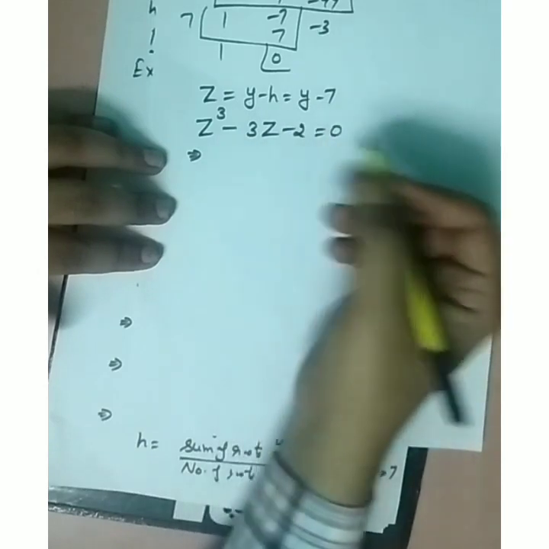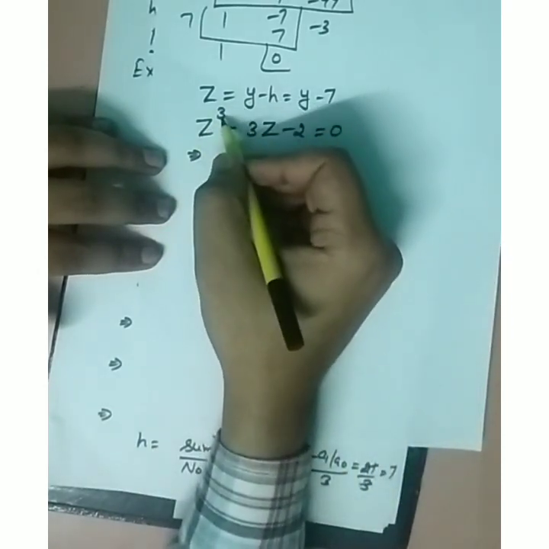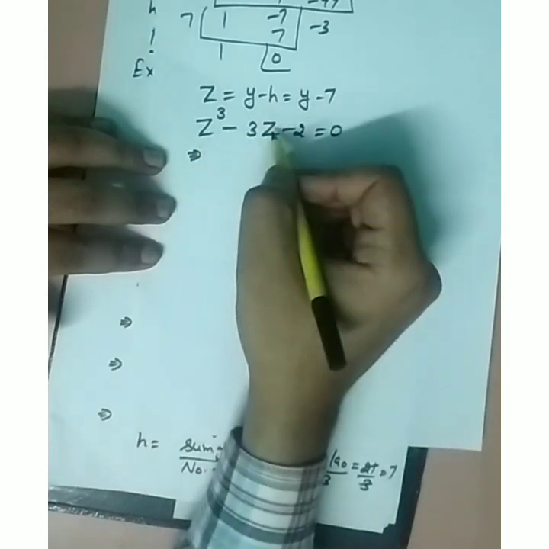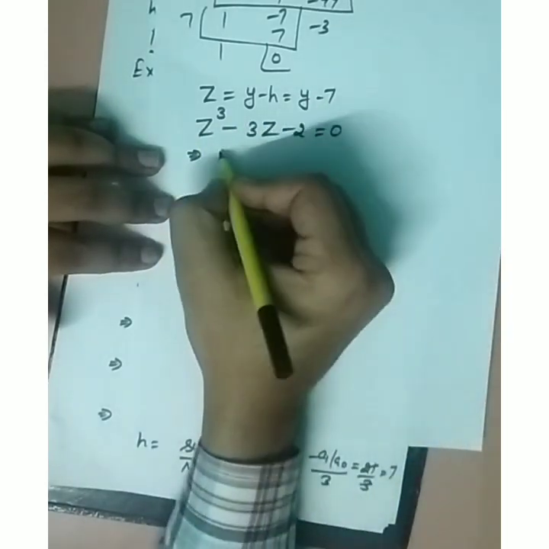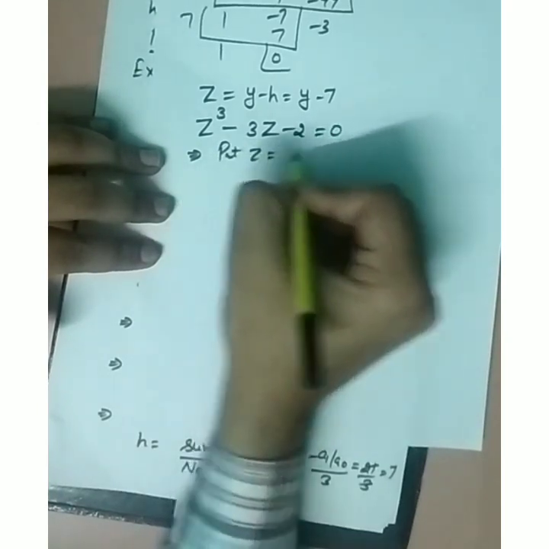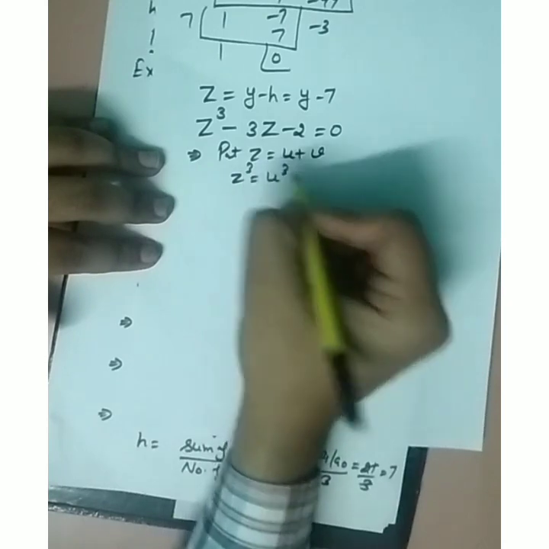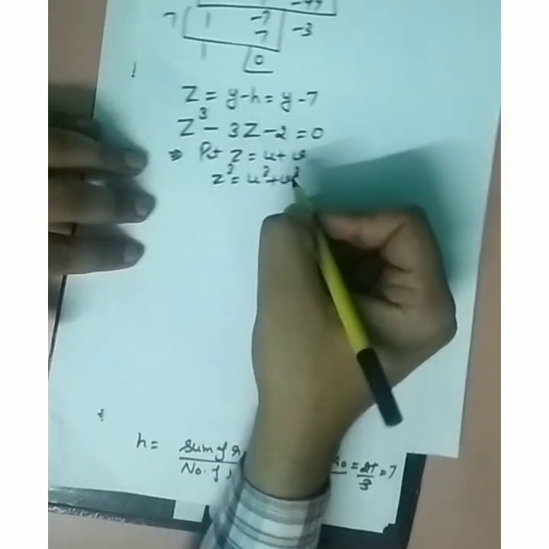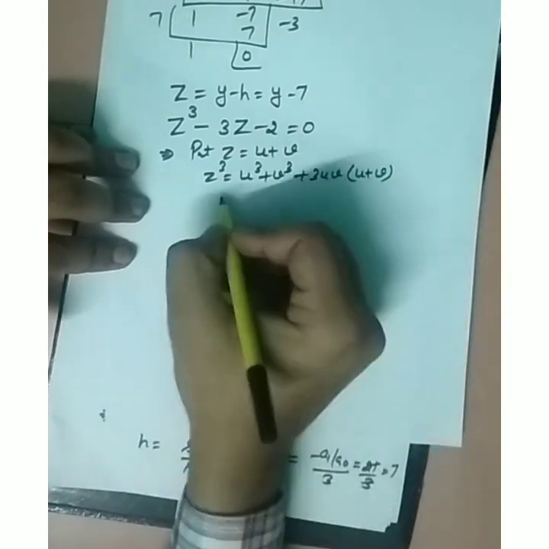So now we can apply Cardan method here. The reason behind this is that the coefficient of z cube is 1 and the coefficient of z square is 0, so we can apply it here. Put z is equal to u plus v. Cubing both sides, z cube is equal to u cube plus v cube plus 3uv into u plus v.